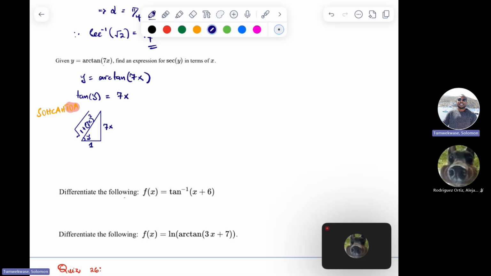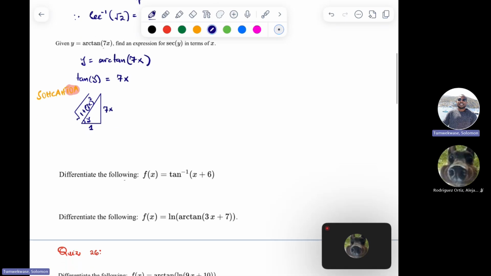Okay, now from here we can determine secant y, and secant y, like we said above, is the same as 1 over cosine y, and therefore I can find the expression for cosine y, and cosine y is the adjacent over the hypotenuse.